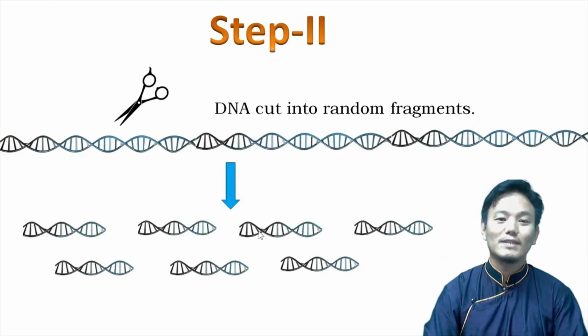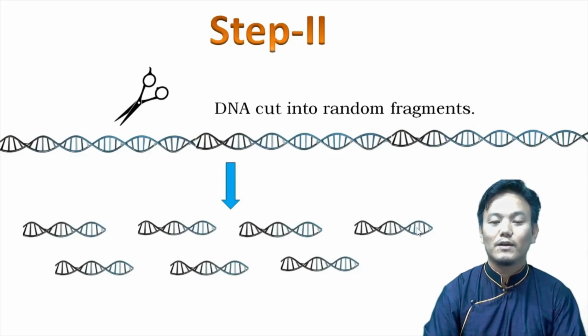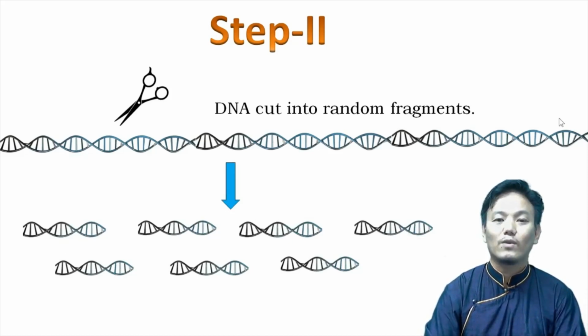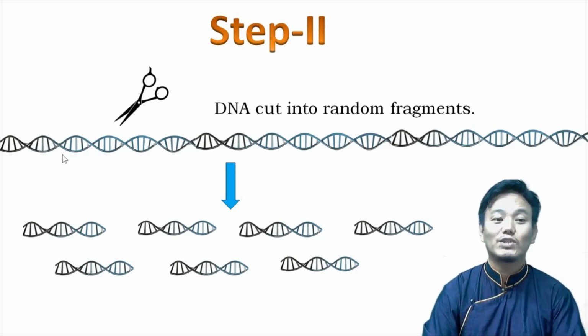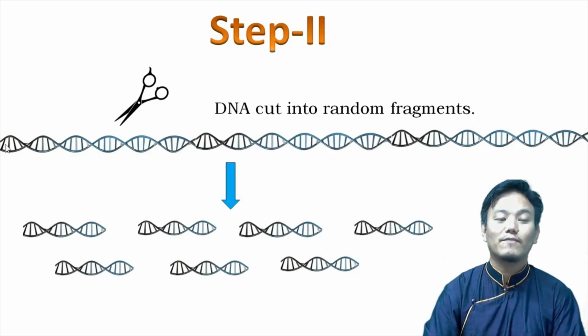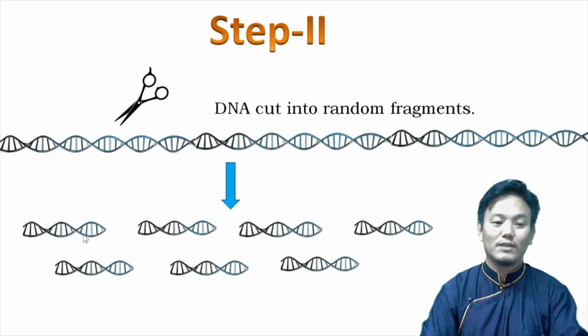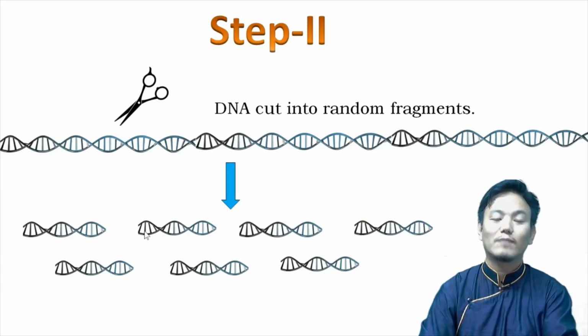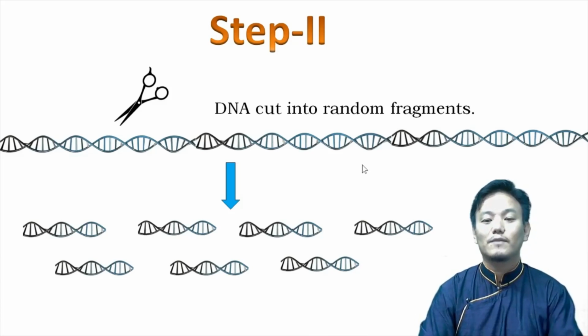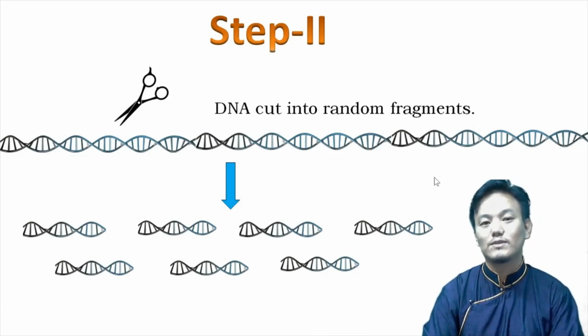It is easier to sequence these small fragments rather than sequencing the entire DNA in one go. There were technological limitations which prevented sequencing the entire DNA in one go. So they had to cut the DNA into small fragments and sequence these fragments individually and separately. So this was the second step.